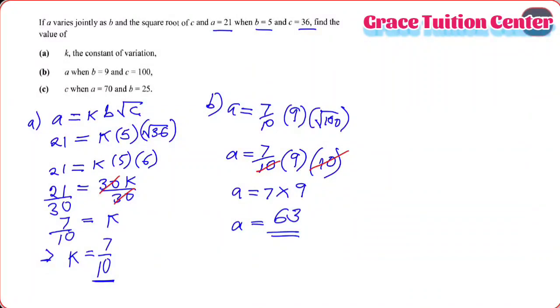So that is my value of b. The last question, question C, is asking us to find the value of c when a is 70 and b is 25.